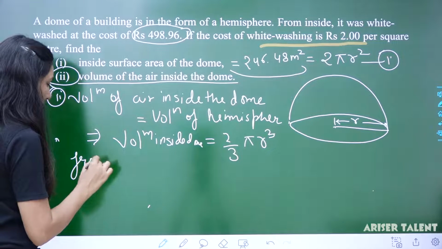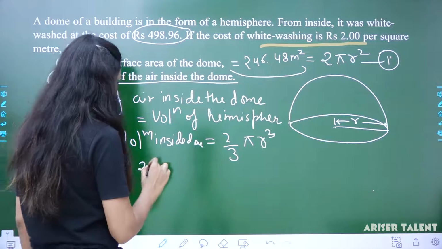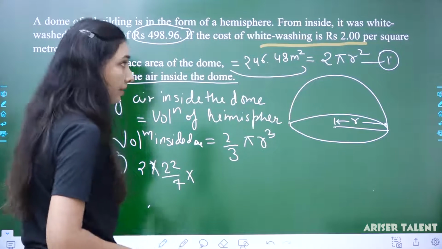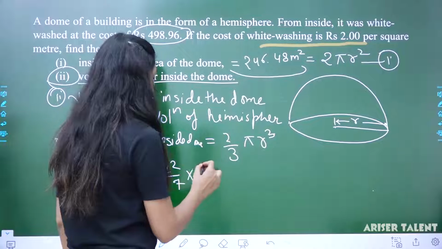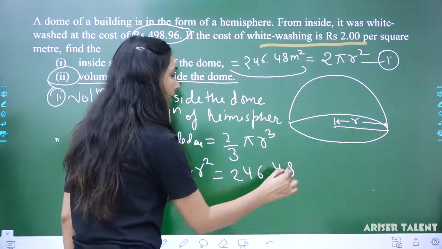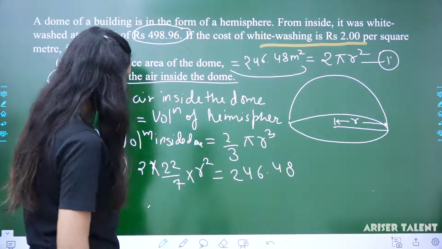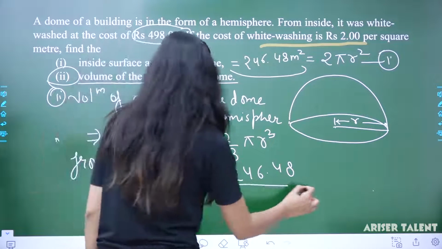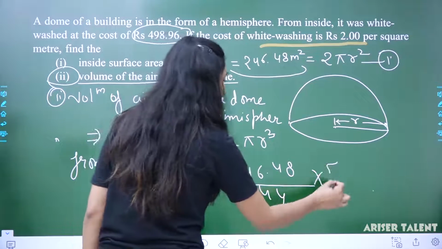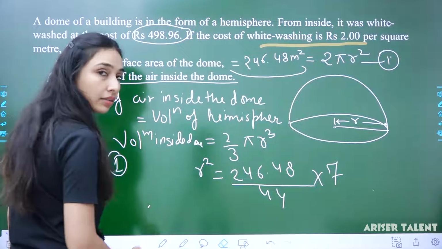so from 1, 2 multiplied by 22 by 7 multiplied by r square equals 246.48. Or you can say that 44 by 7 times r square.